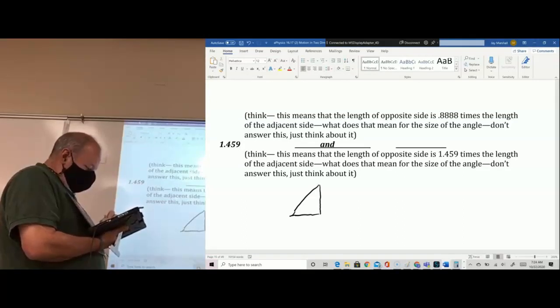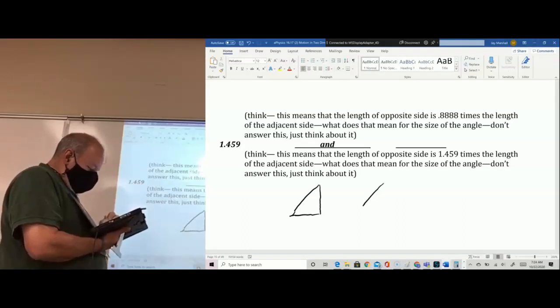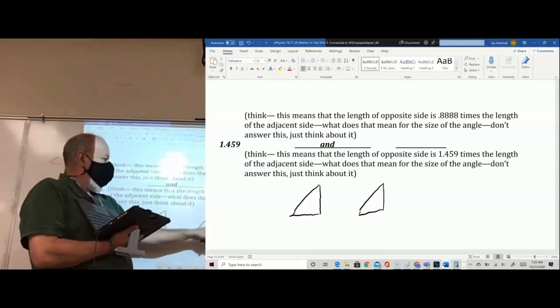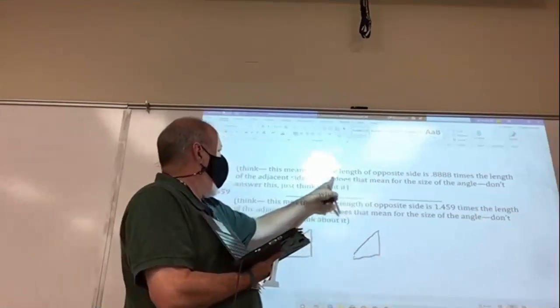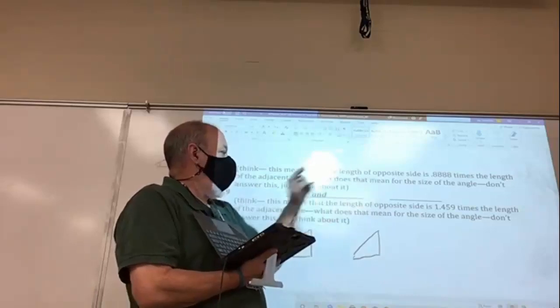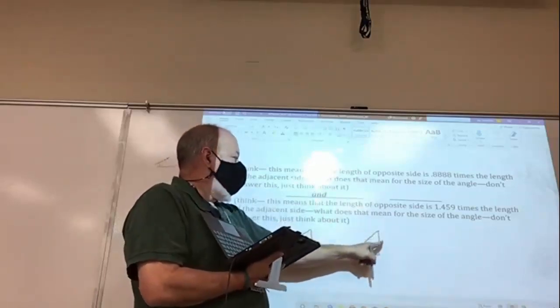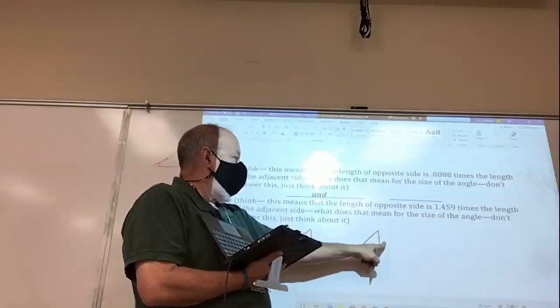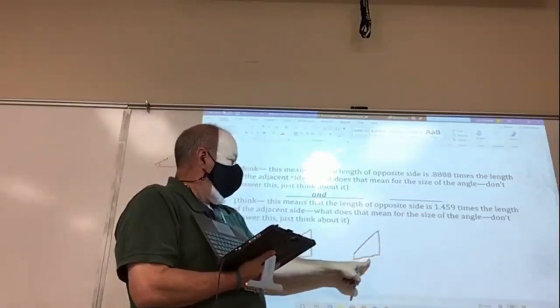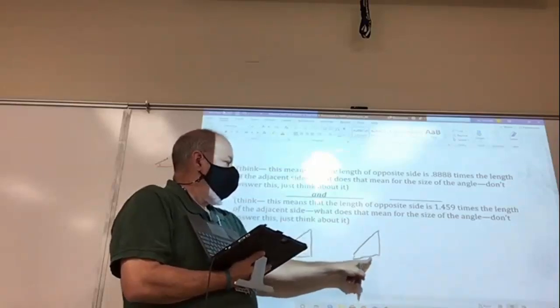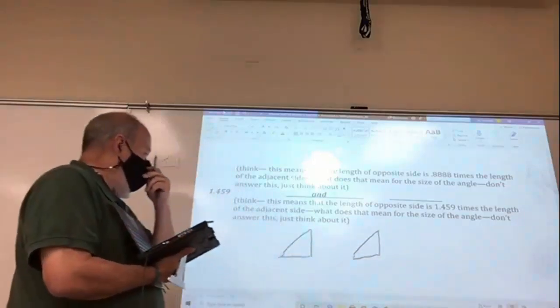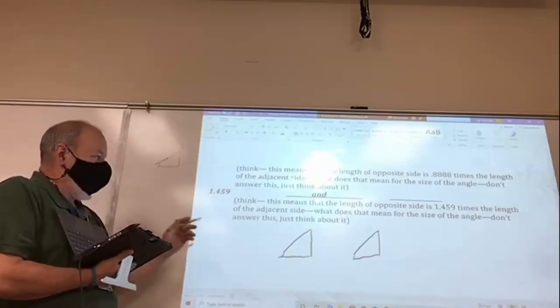So it would need to be less than 45 degrees, because this side would be just a little bit less than this side for that 0.8888 one. So the opposite side is going to be 0.8888 times the length of this side, and that means it'll be a little bit less than this side. So it would mean that the angle would have to be a little less than 45 degrees.